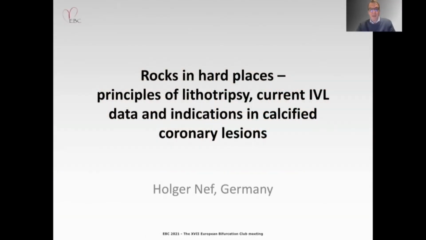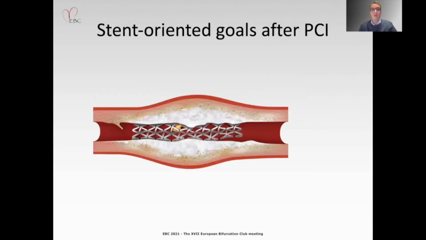Dear Chairman, thank you for the invitation to present at the EBC 2021. The title of my presentation is Principle of IVL, Current IVL Data, and Indications in Calcified Coronary Lesions. Regarding the stent-oriented goals after PCI, efficient stent delivery is essential.